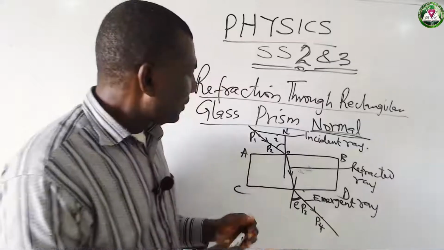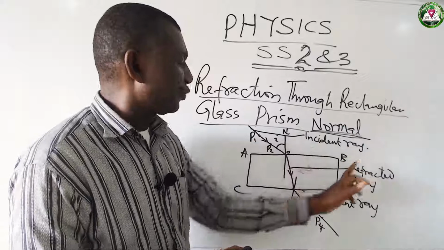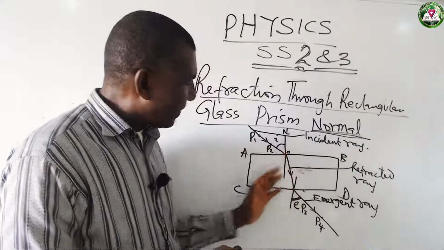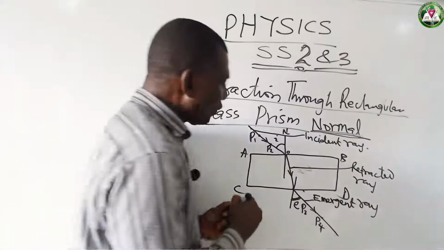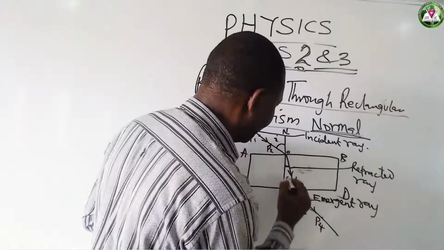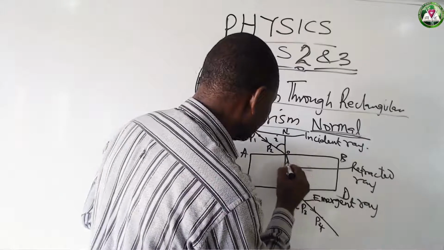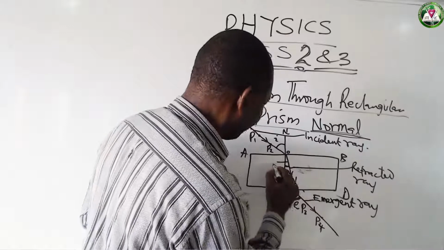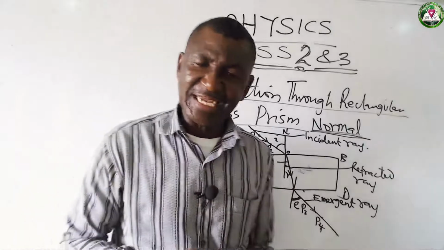I told you that this particular ray is called the incident ray. This ray that bends towards the normal is what we call the refracted ray. You can also see that there is an angle between the refracted ray and this normal. This angle is referred to as the angle of refraction, and we denote it by r, or the refracted angle.